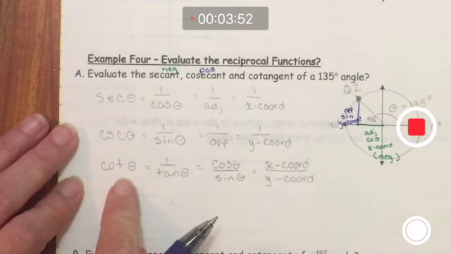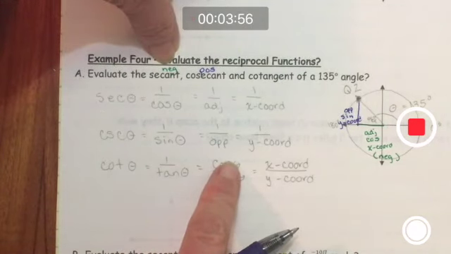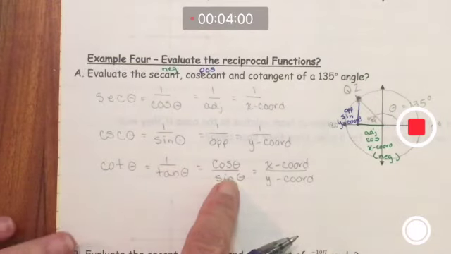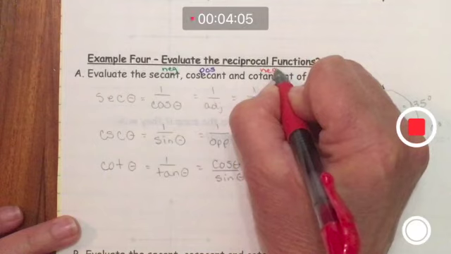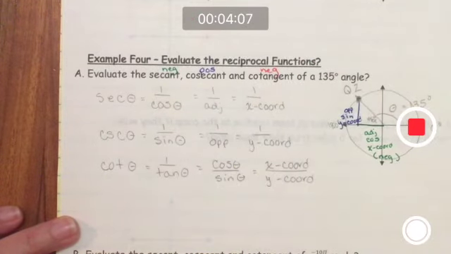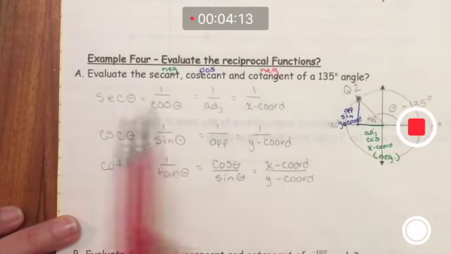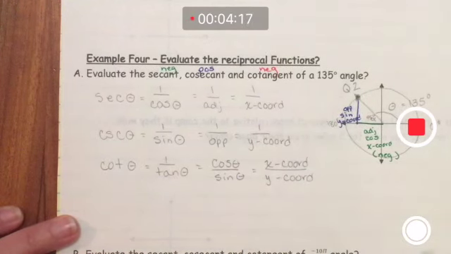Because the cotangent is going to be a negative cosine divided by a positive sine, negative divided by positive is going to be negative. I'm just going to write that in this color here. Those are going to be the positive and negative characteristics of these three reciprocal functions based on which quadrant it's in.